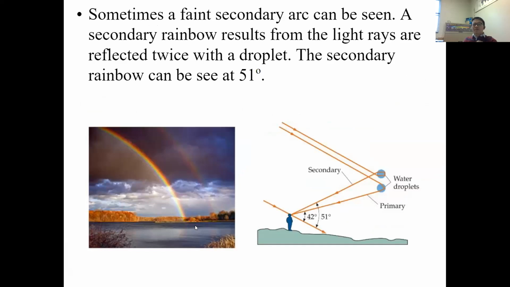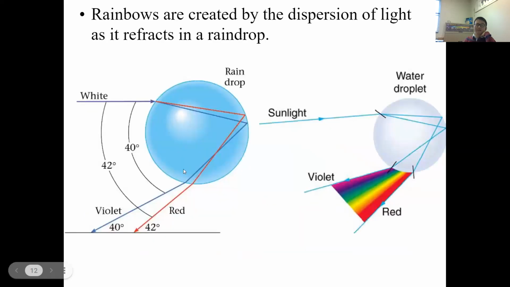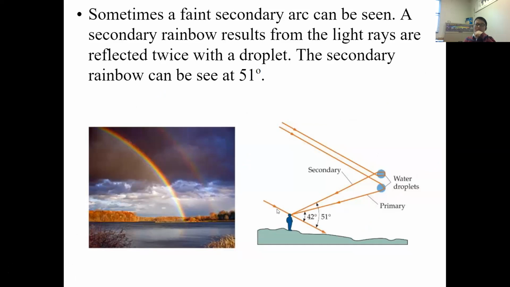In some cases, you see double rainbows. The brighter one is called the primary rainbow, which is what we saw in the previous slide. Light gets refracted twice and reflected inside the raindrop one time. For the secondary rainbow, the sun ray hits the drop, is refracted one time, reflected twice inside the water drop, and then refracted again.